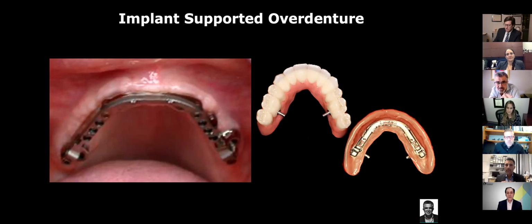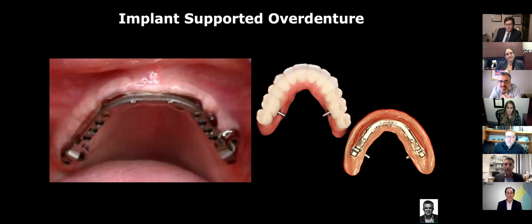And I particularly have picked this one. This is the Marius bridge. The reason why I picked this one, although very rarely used because it's extremely technically difficult to make, is that the tolerance between the secondary casting inside the overdenture and the framework is less than 8 microns.